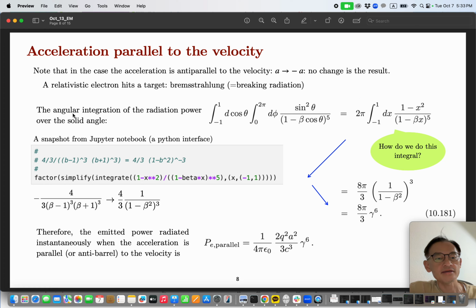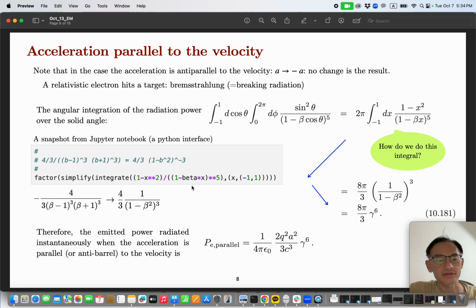And in that case, you can think about integrating over all angles. And this is the angular distribution that you have to integrate.